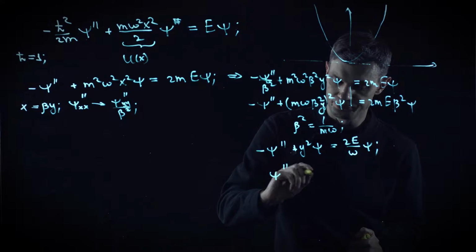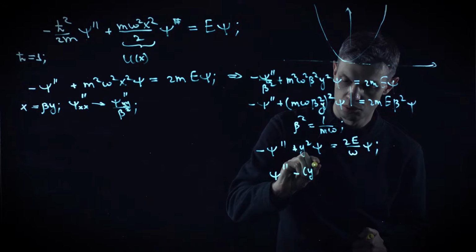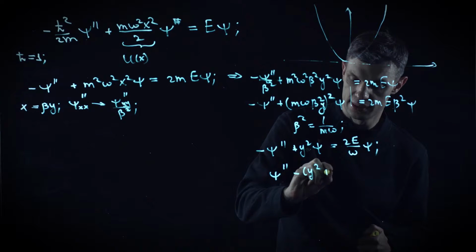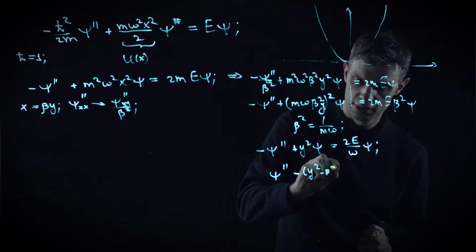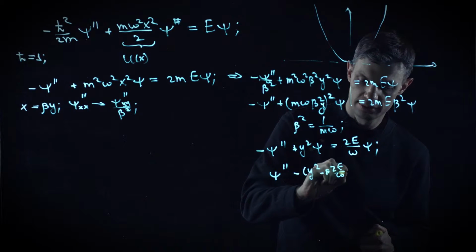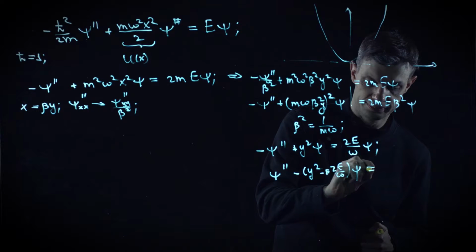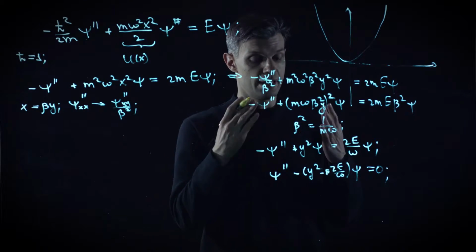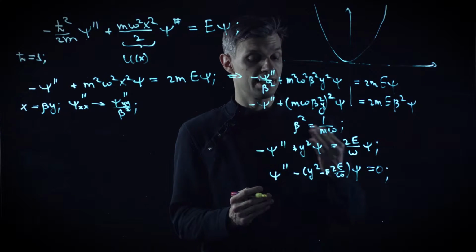Right. So and now let's put this double derivative term into our right-hand side, and we get psi double prime minus y squared plus minus 2E divided by omega, psi equals 0. Okay, so again, the equation looks more elegant, definitely, but we can't solve it.